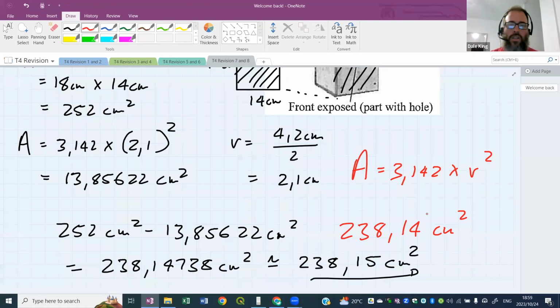But if there's a question that says round this off to 1 decimal place, and the question is specific, and you do that incorrectly, that is the question that could penalize you for rounding, but not in the normal question when you're rounding off to 2 decimal places. If you're getting 238,14 and it should be 238,15, it's fine. You're not going to be penalized over and over again. Okay. But if the question is specific about rounding, that's the question where they could penalize you. Maybe you lose 1 mark there.